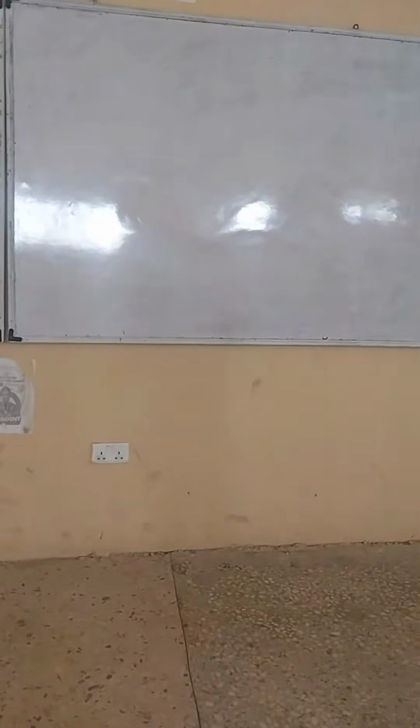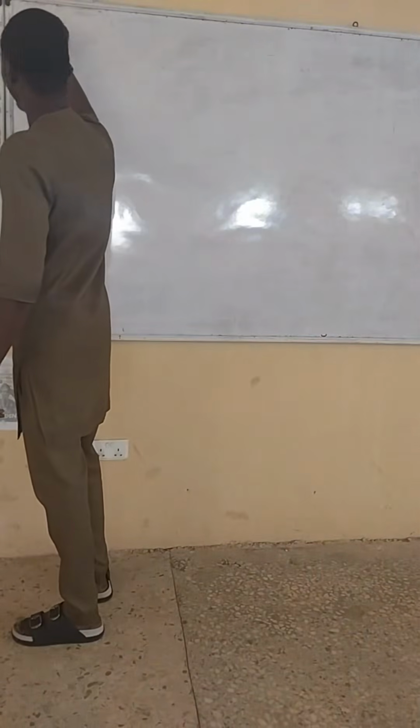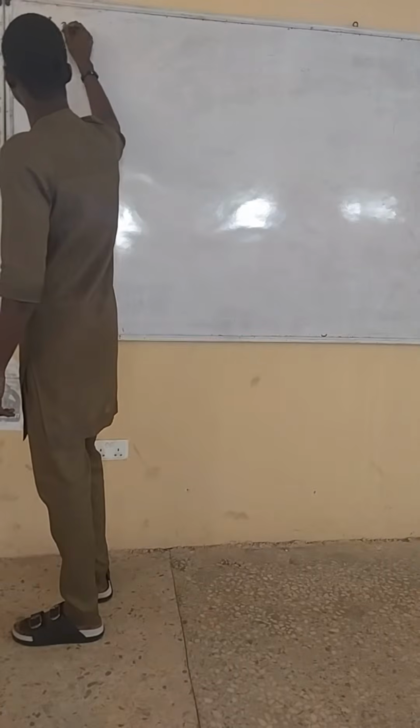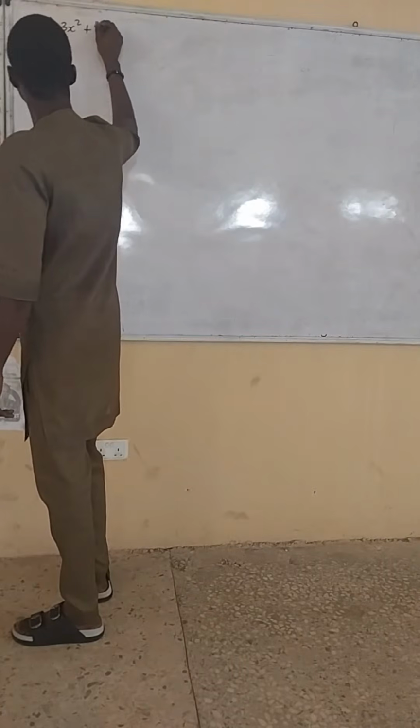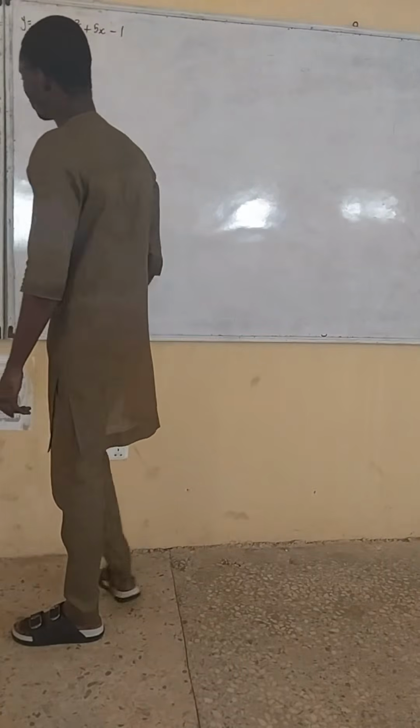For the equation of the curve, we are given from the question that y equals x cubed minus 3x squared plus 5x minus 1.